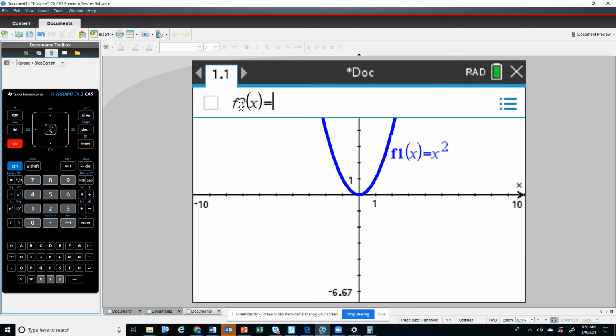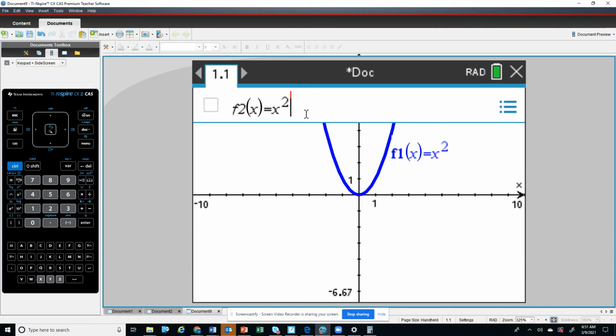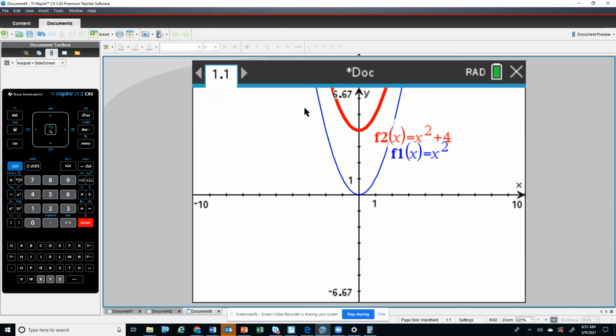Go to tab, and you see the address bar appears again. Now F2 just means I'm plotting the second graph. So I'm going to enter x squared plus 4. X, upside down V, 2. Now the cursor is at the exponent, so I'm going to click anywhere in the address bar to get it down. And then plus 4.